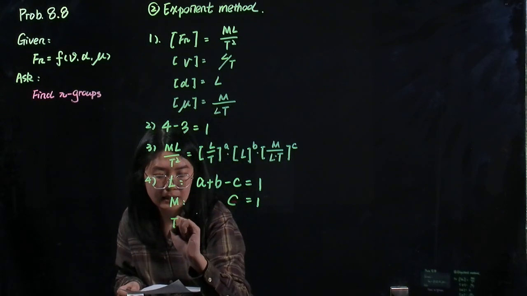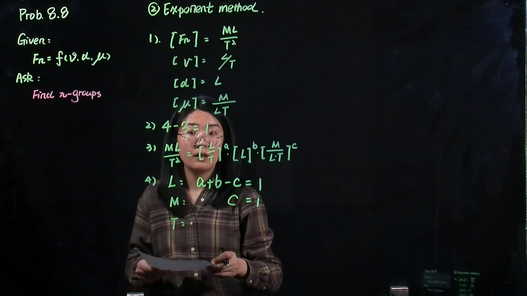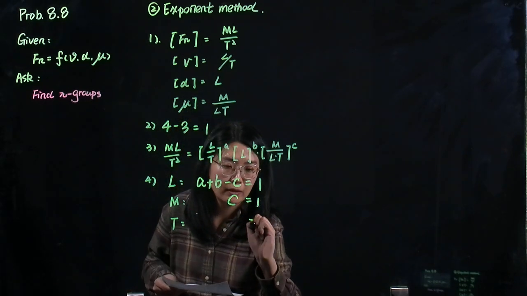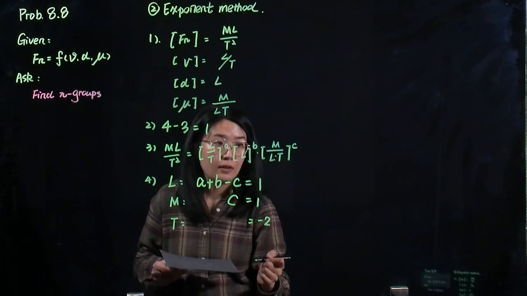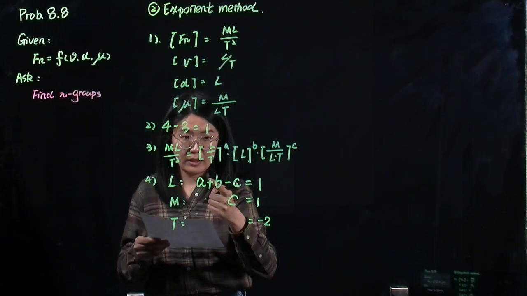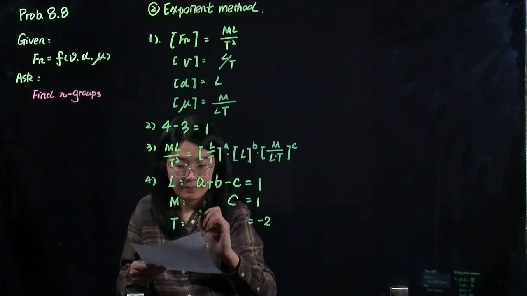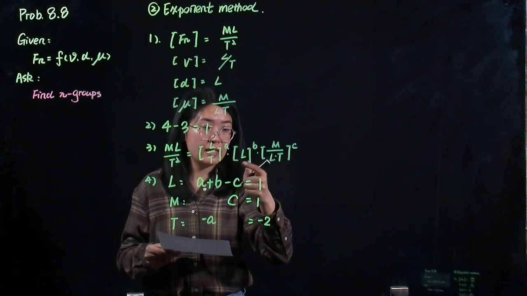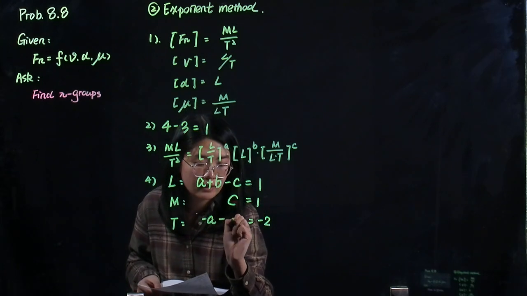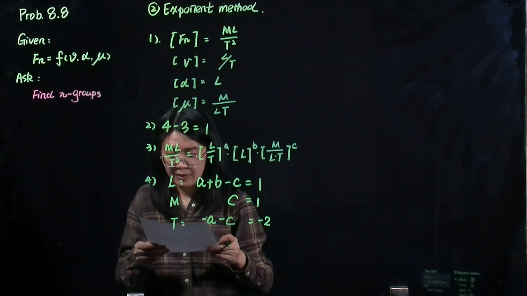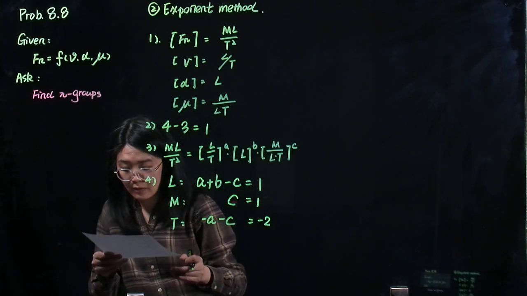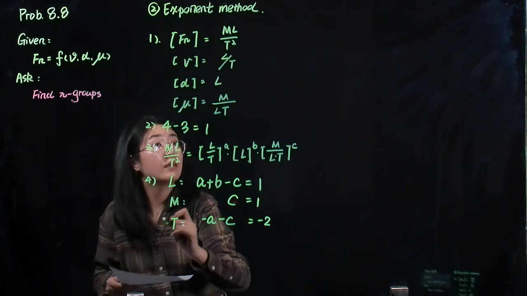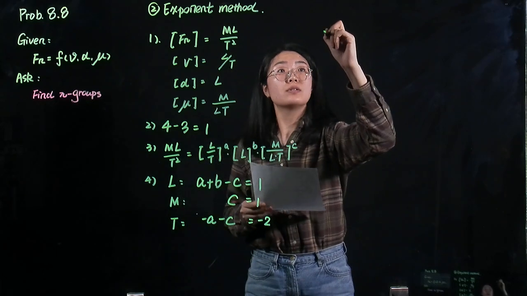And for the T, it should be -2 on the left, and on the right this one is -A, and this one has a -C here. Okay. So we solve for exponents A, B, and C in the next step, which is step 5.